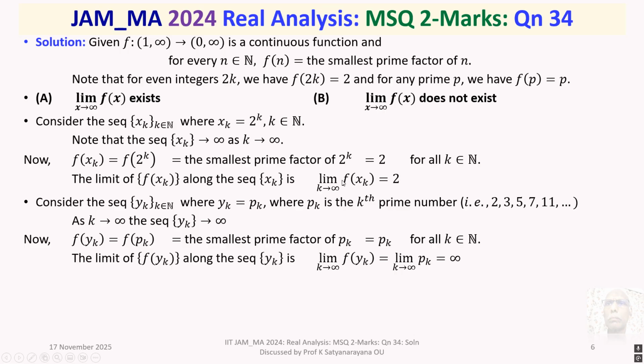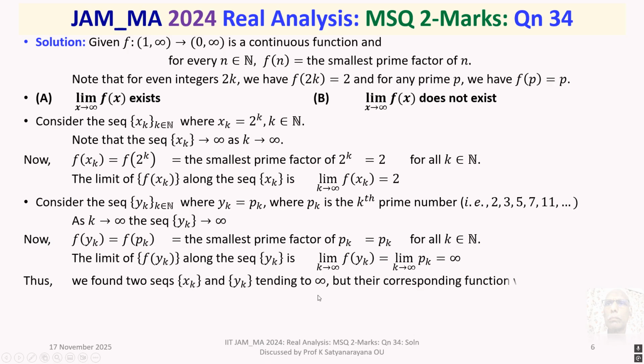one of the images f of xk is 2 and f of yk tends to infinity. So thus we found two sequences xk and yk tending to infinity, but their corresponding functional values f of xk and f of yk approach different limits, namely 2 and infinity.